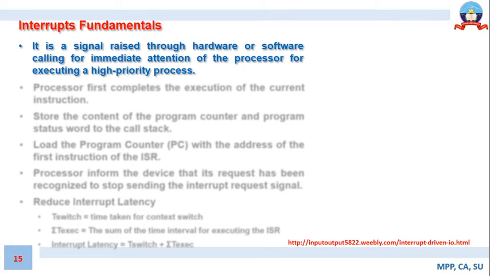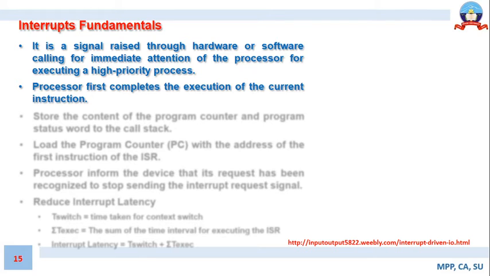Now let us consider that the processor attends to an interrupt. Whenever an interrupt takes place and the processor agrees to attend to it, the processor first completes the execution of the current instruction, because while the interrupt takes place, the processor may be in the course of executing an instruction.